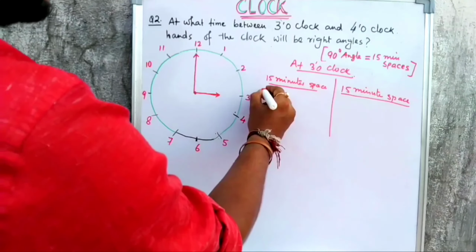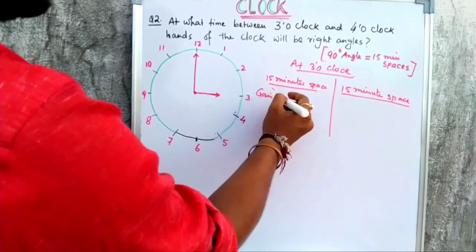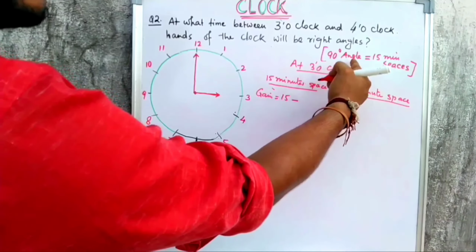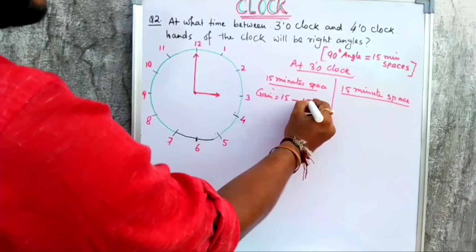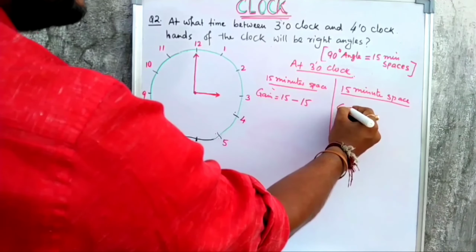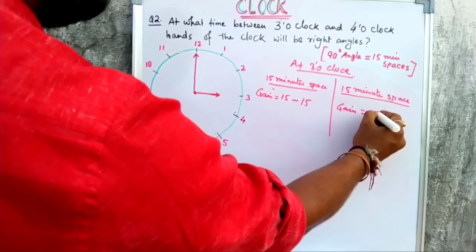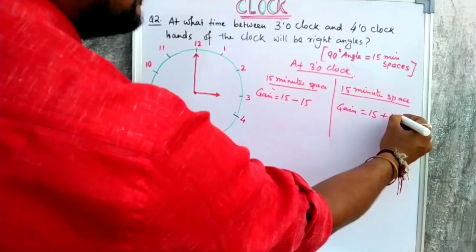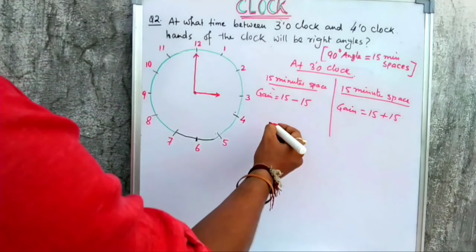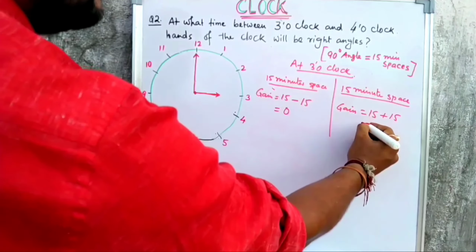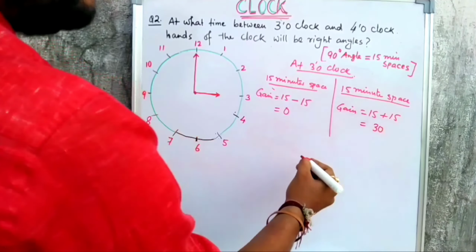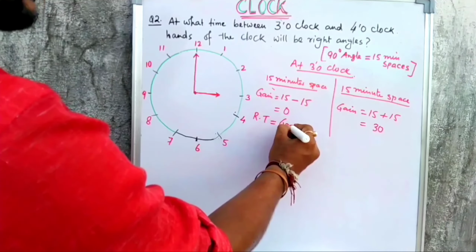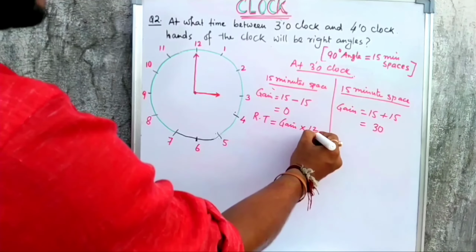Now gain equals this space minus 90-degree angle, that means 15 minute space. So you have to write 15 minus 15. Here it is the same thing, this space plus: once you subtract, again you add. So 15 minus 15 is 0 and 15 plus 15 is 30. Now required time, RT, equals gain multiplied by 12/11.